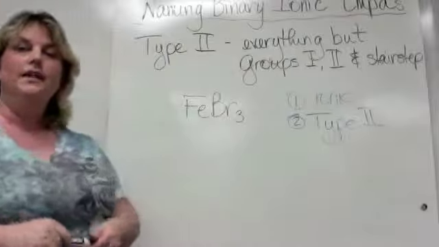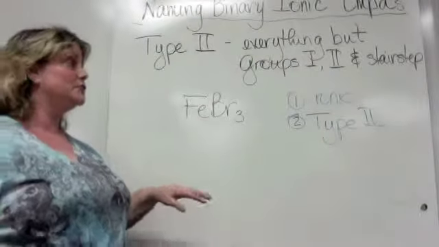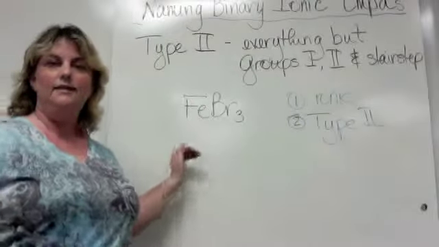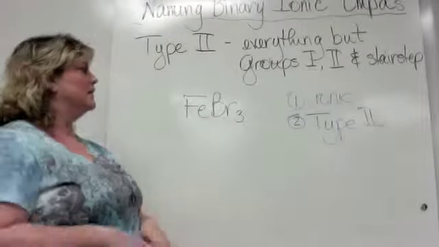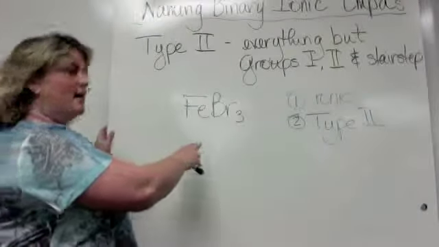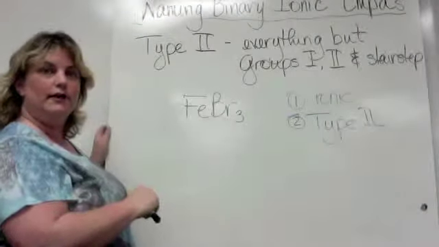Type 2, that means we have to actually put the charge on this iron in the name of the compound. Well, we have to figure out what it is. The way you figure it out is based on what it's partnered with.